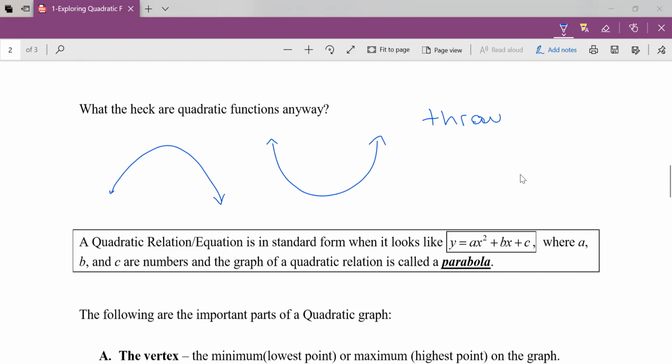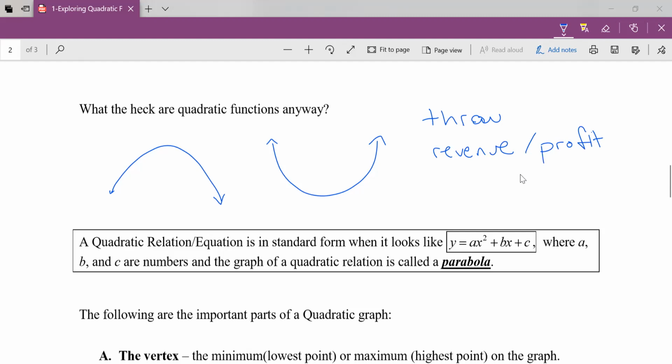So anything I can throw, anything I kick, people diving off of diving boards, but they also model different things such as revenue, which is really important, and profits, and in terms of architecture, sometimes we build hanging bridges that look like this. So there's all sorts of applications. That's why we're looking at them.